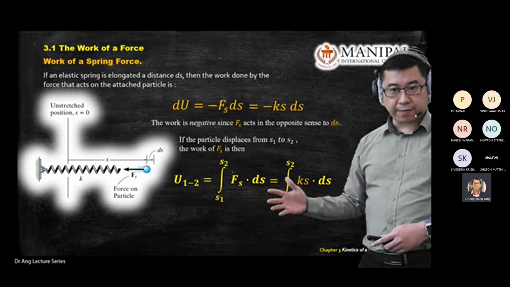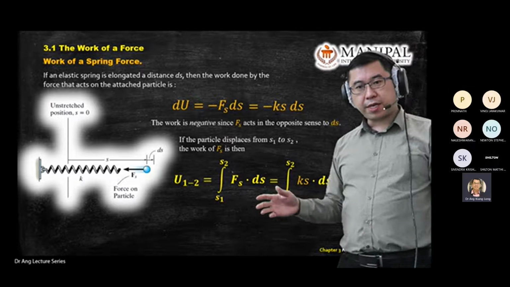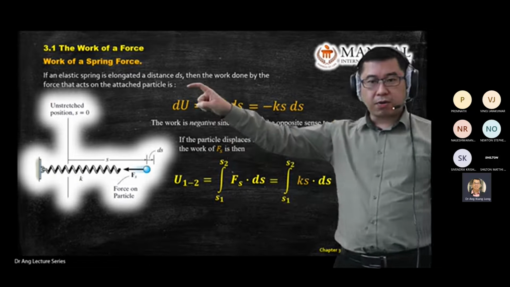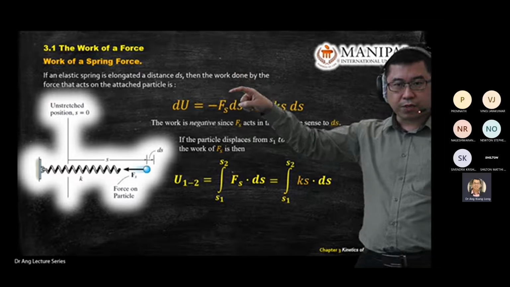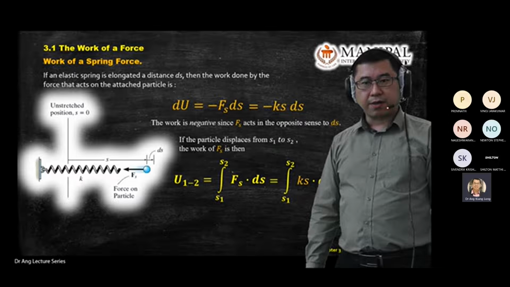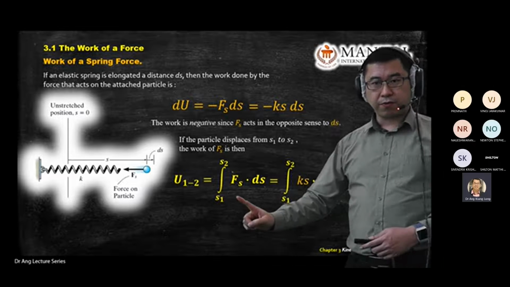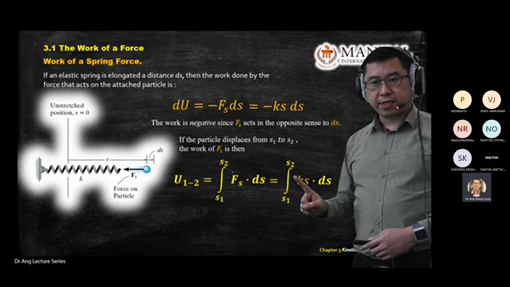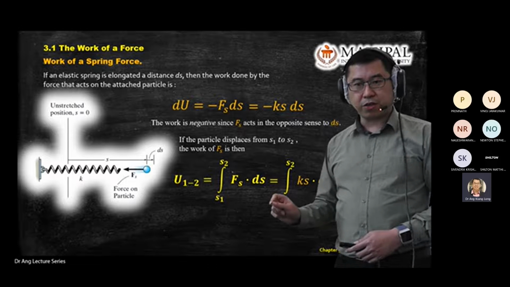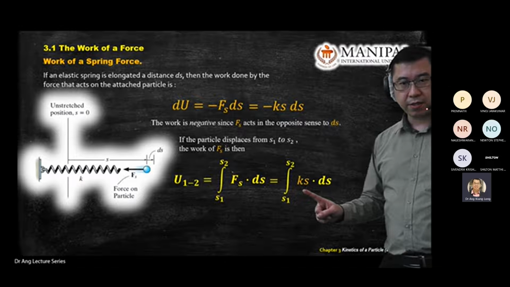Later we have some examples on this one. The concept is still the same. How do you get work? Work equal to force times ds. So force equal to ks, spring constant times the distance that you pull the spring.